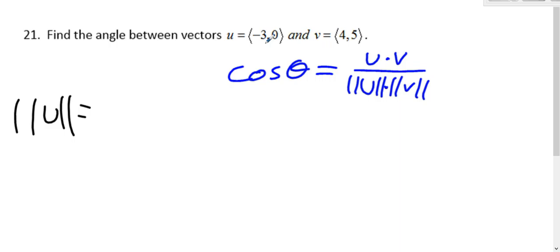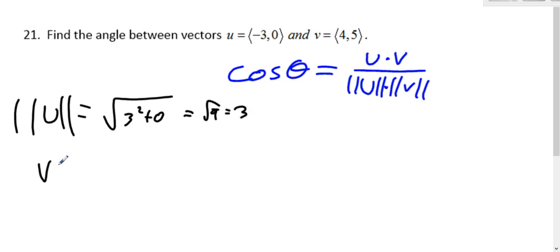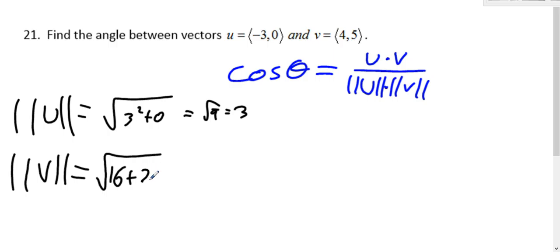So the length of this vector would be the square root of 3 squared plus 0 squared. So that's the square root of 9, which is 3. And then the length of vector V is the square root of 16, 4 squared, plus 25, which is 5 squared, square root of 41.